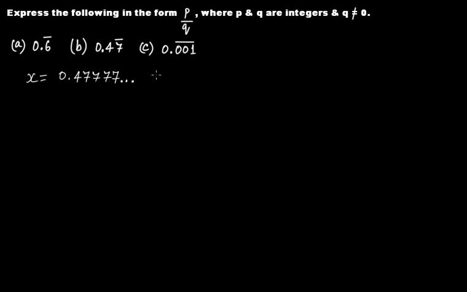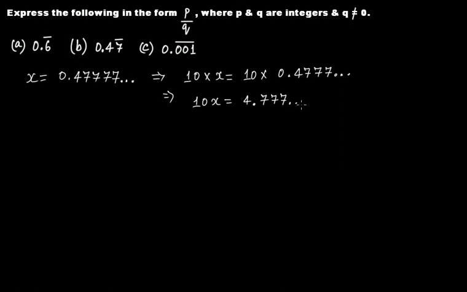So if this is x, and if you multiply LHS and RHS by 10, then this is 10 multiplied by x is equal to 10 multiplied by 0.4777 and so on. So from here you get 10x is equal to 4.777 and so on.